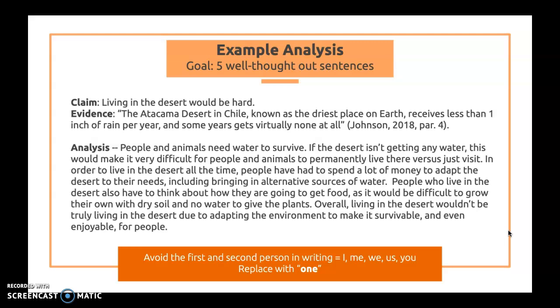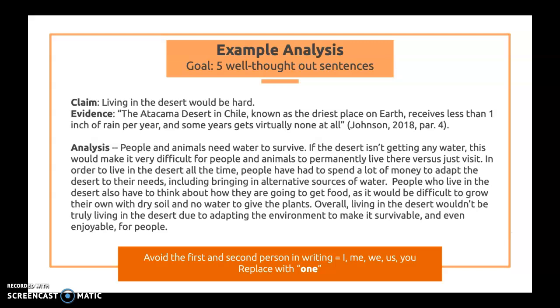The last element of a CEA is an example analysis, as you can see here. Again, your analysis should be several well thought out sentences in which you are tying your claim and evidence together and putting it into your own words.